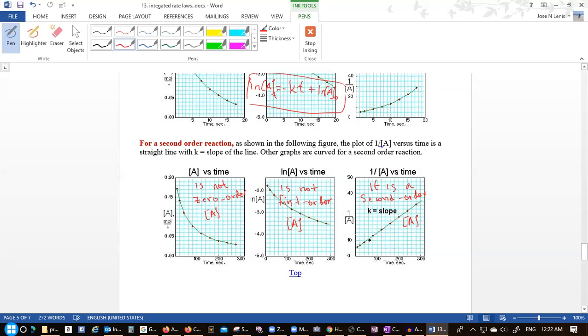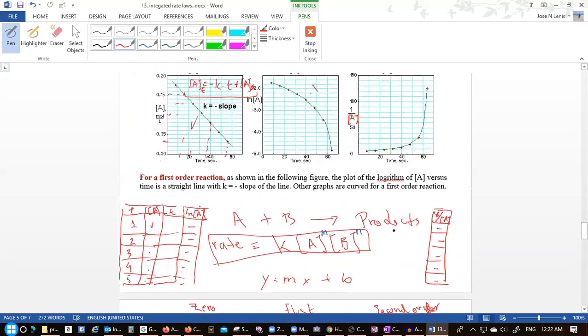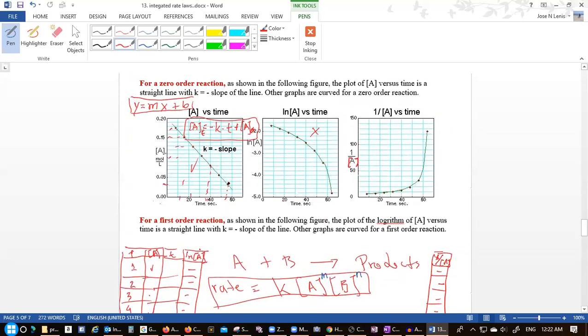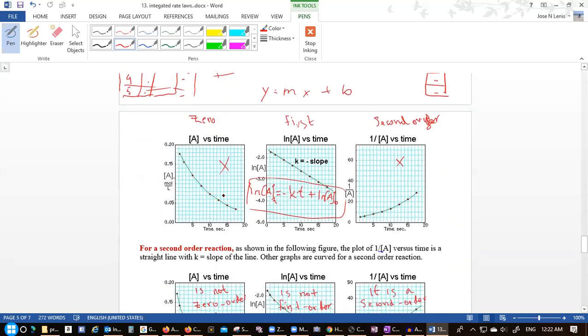Like this one, it's a straight line, so you say yes, it is second order. So you go back here: straight line, zero order for the first graph. Second graph is first order.